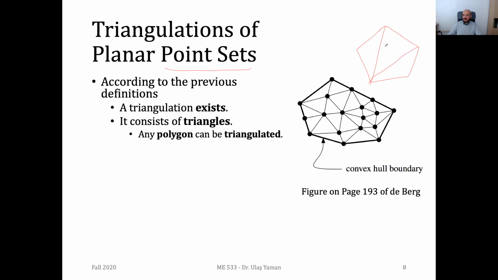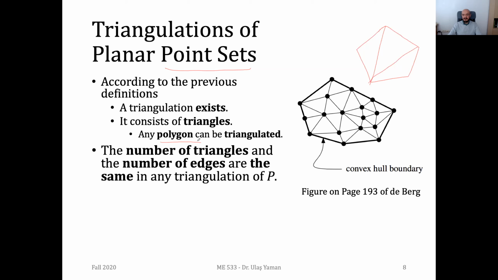There are different options, but any polygon can be triangulated. And the number of triangles and the number of edges in the triangulation is equal for any triangulation you have. Regardless of your triangulation, they will always have the same number of triangles and the same number of edges.